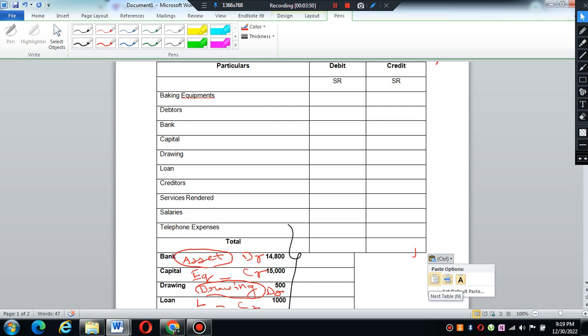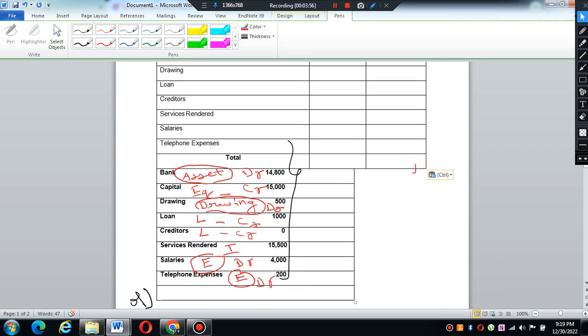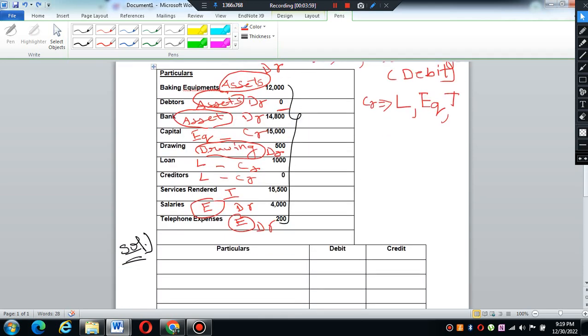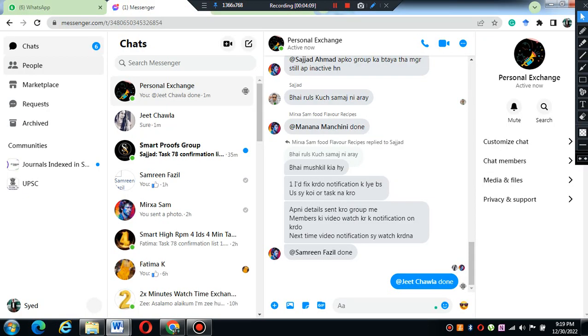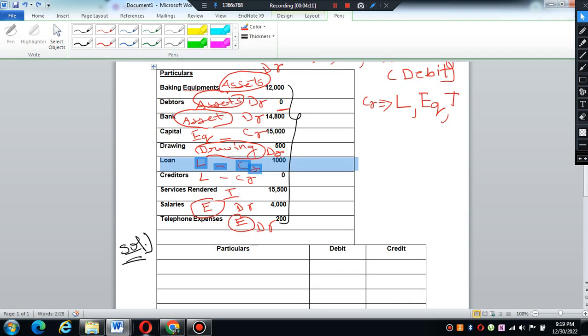Yes, so we will write these transactions: baking equipment, debtors, bank.